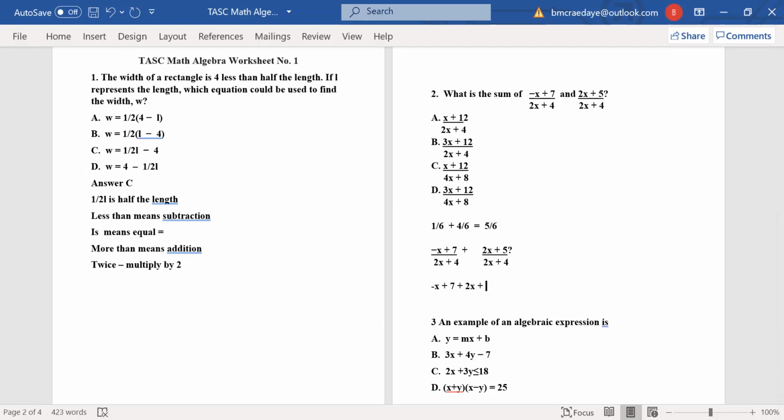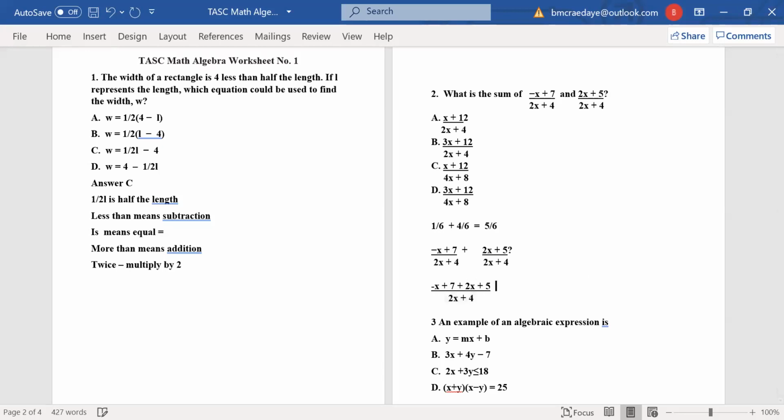So that's a, let me see. Am I right? Yes, a. The sum of the numerators, and this would be divided by 2x plus 4. Since they're the same denominator, you just add up the numerators: minus x plus 7 plus 2x plus 5.